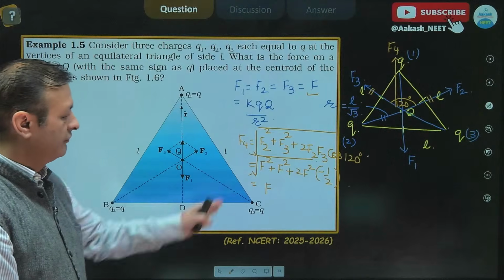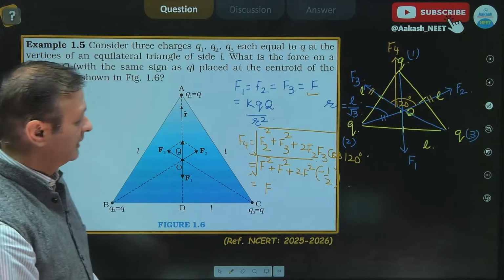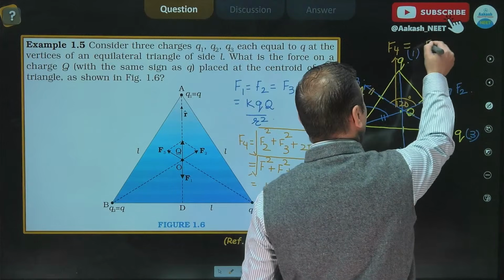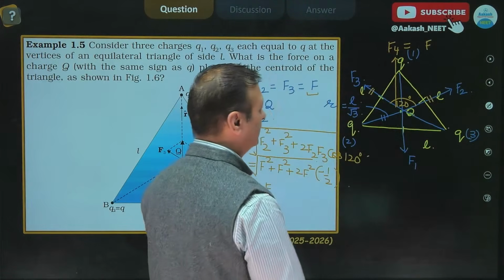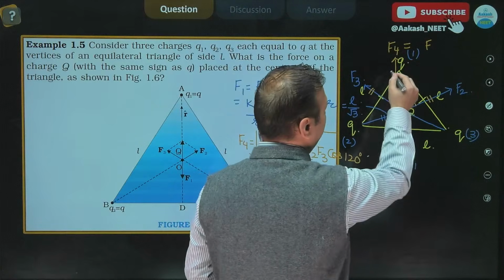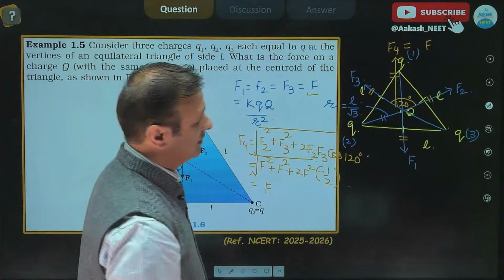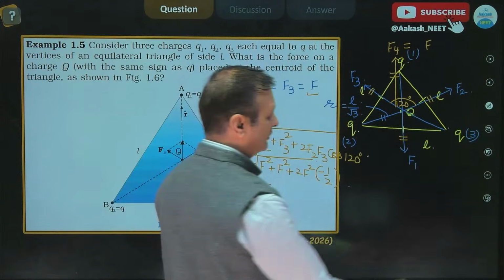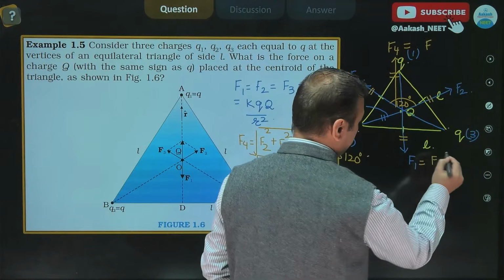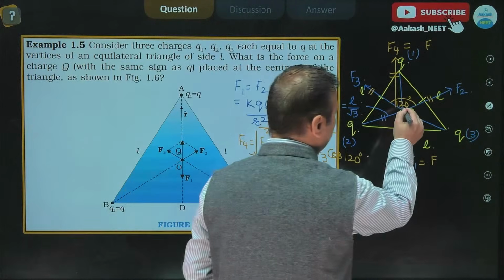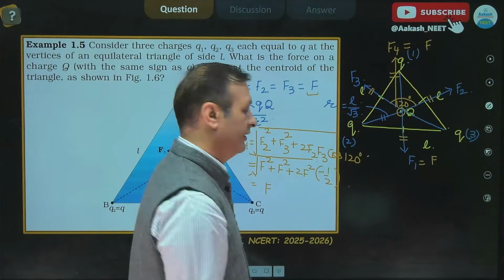So, shall we move? F4 is numerically equal to F only. Now, if you look at F4 and F1, they are equal and opposite. The magnitude of F1 is also F. So what is the net force experienced by this charge Q at the centroid?